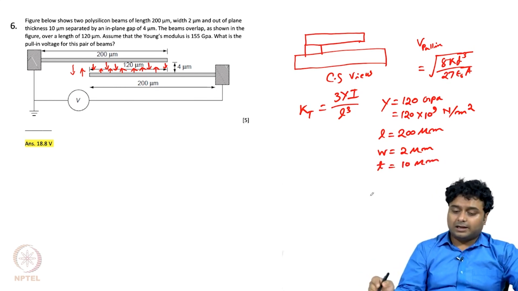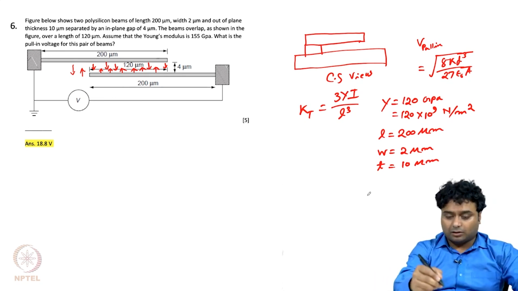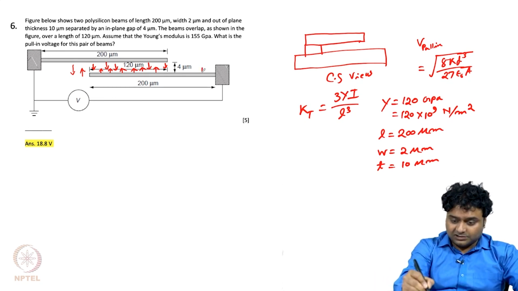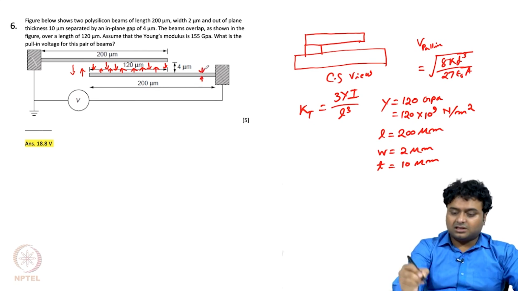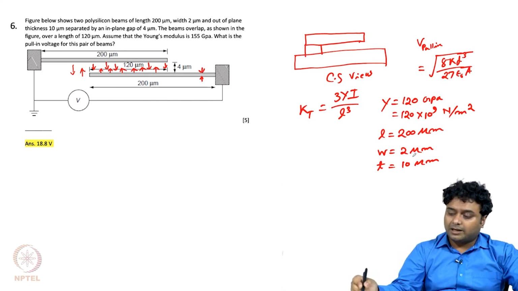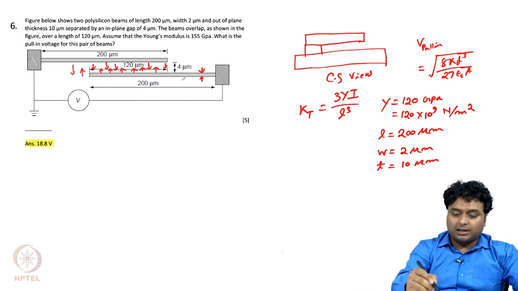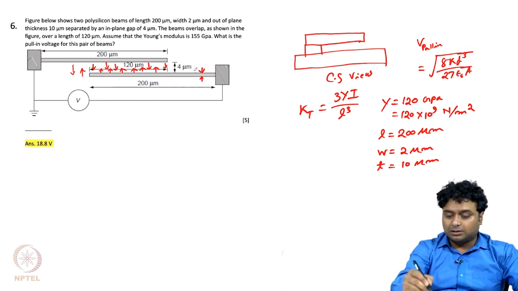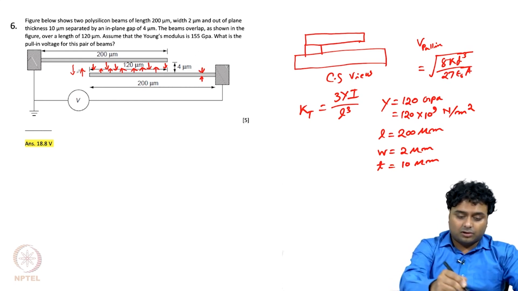Now you see here W is 2 micron, that means this width is 2 micron, whereas the thickness is 10 micron. Now this beam is moving in the plane, right, in top and bottom direction, like this, as I have drawn here.